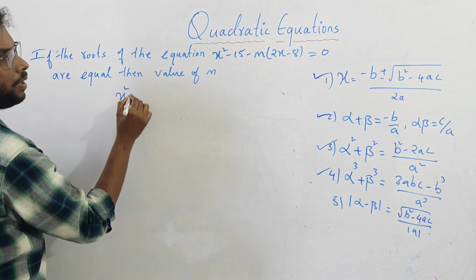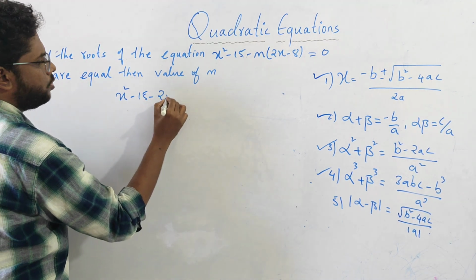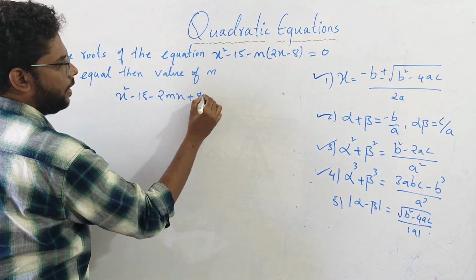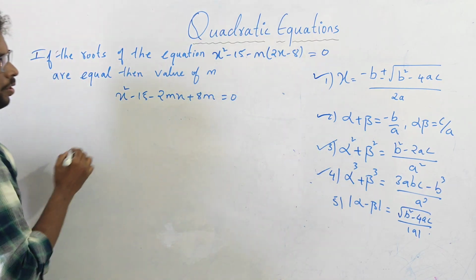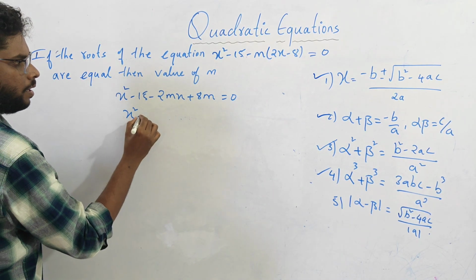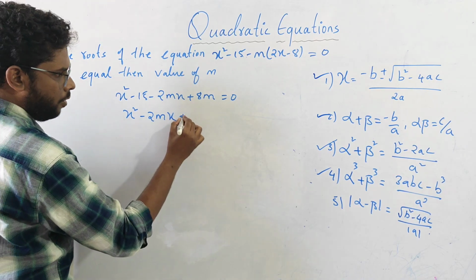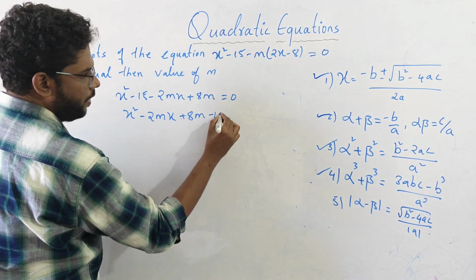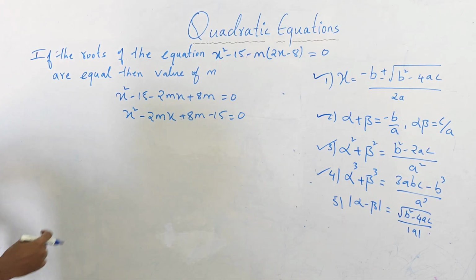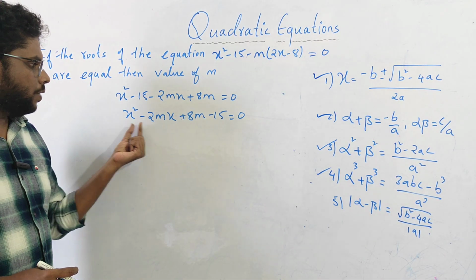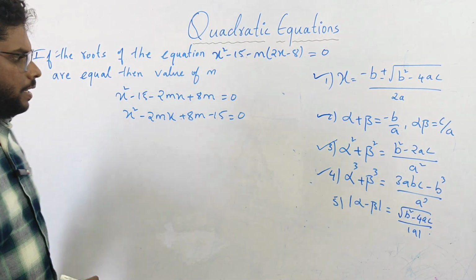Multiply, and what do you get? Minus 15 minus 2mx plus 8m, which is equal to 0. So this can be written as x square minus 2mx plus 8m minus 15 equal to 0. So this is in our standard quadratic form, ax square plus bx plus c equal to 0.